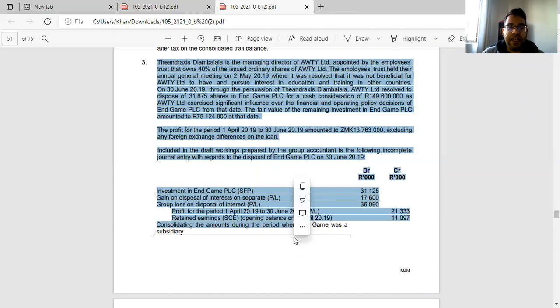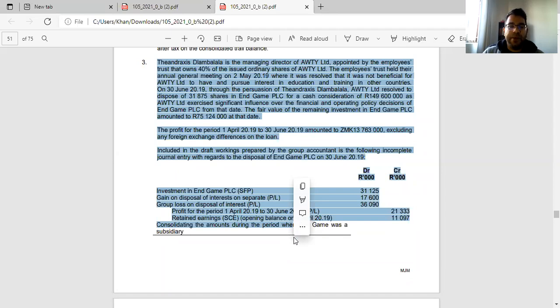So his consolidated trial balance as at 31 March 2019 is basically correct, except for the fact that he did not bring in the foreign operation. He did not know how to do that. And we did that. So what we did was bring in the foreign operation.